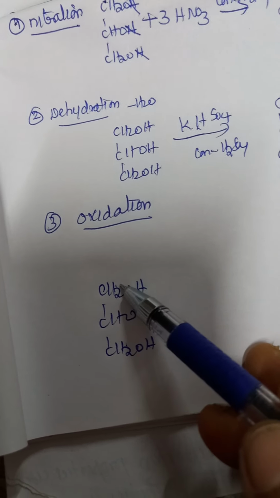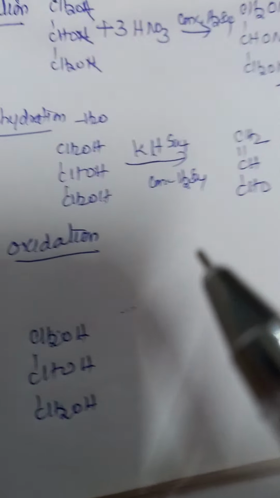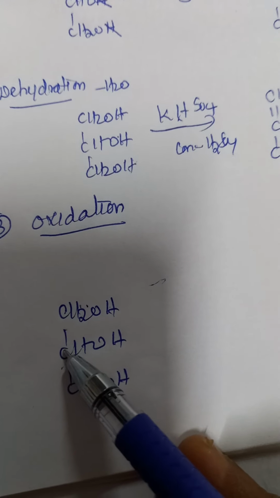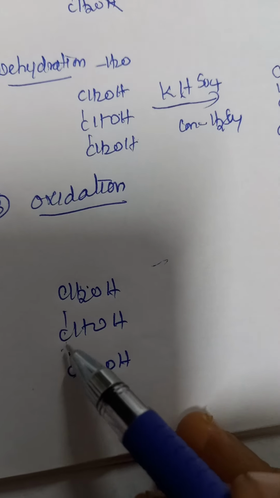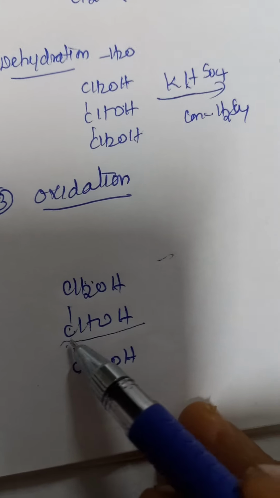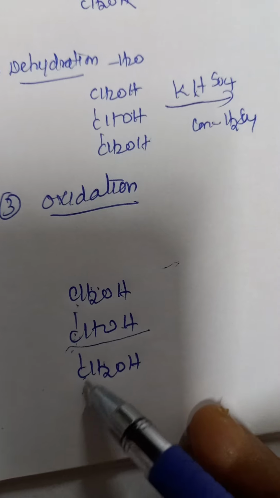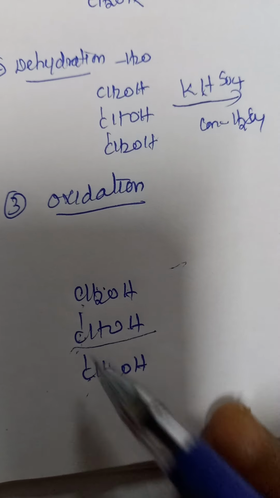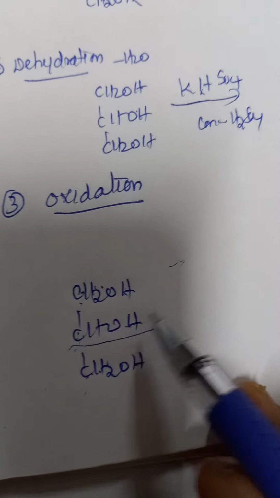Primary means, as I already taught, the carbon with the functional group is attached to 1 more carbon atom. Similarly for this carbon. This is a secondary alcohol because the carbon with the functional group is attached to 2 more carbon atoms. So glycerol contains 2 primary alcoholic groups and 1 secondary alcoholic group.